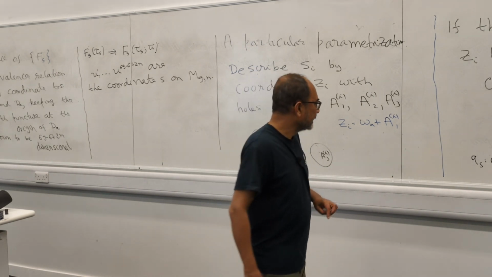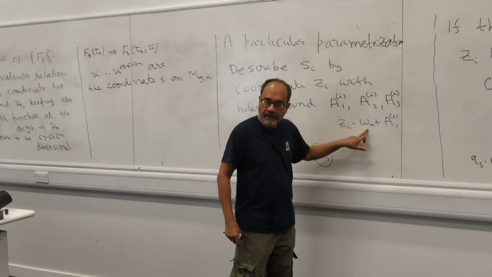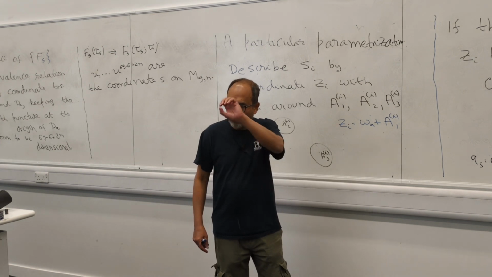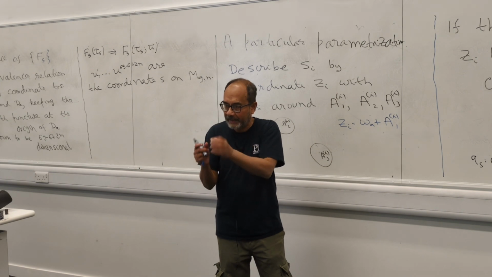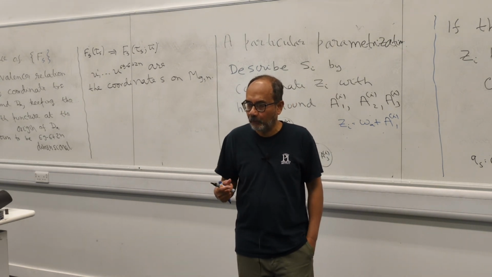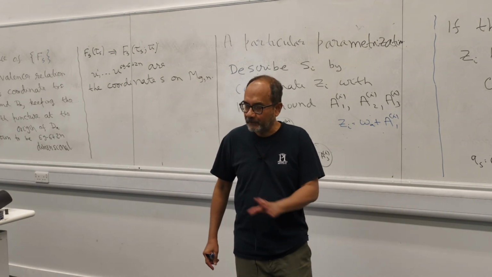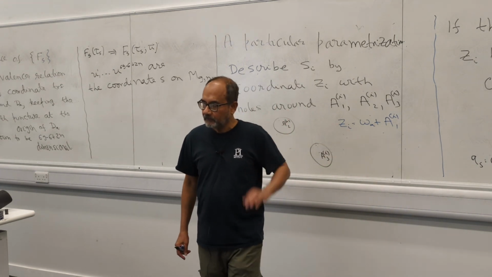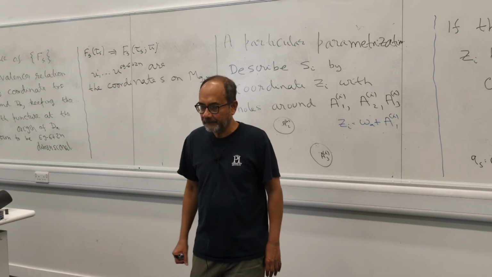If you take say just z to w, and allow this function to have poles at the origin, because this function has to be only well defined on a strip, on a ribbon, so it can have poles inside. You allow the function to have poles. So the complete 6g minus 6 plus 2n moduli can be encoded in just a single transition function. So that's why I said that almost anything that you do is good enough.